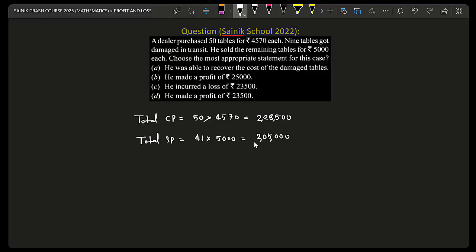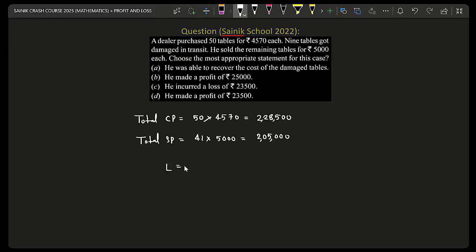Now the total amount he invested is 2,28,500, and the total amount he gets by selling them is 2,05,000 only. Do you think he got a profit or loss? Loss, sir. Cost price is greater, selling price is lower. How much loss?